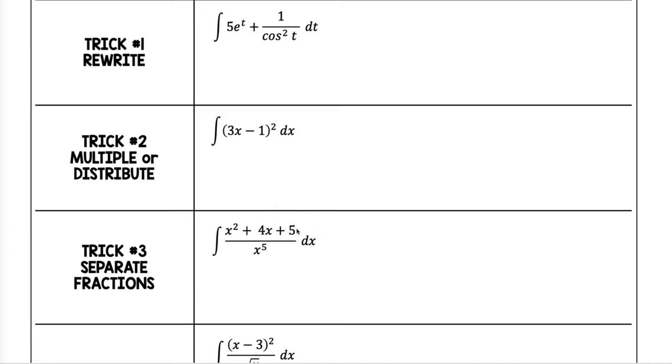I hate that myself, but it doesn't matter what I like and don't like. Me personally, it just makes more sense to divide it on each term, but it works out the same way. You rewrote this as x to the negative 3 plus 4x to the negative 4 plus 5x to the negative 5.